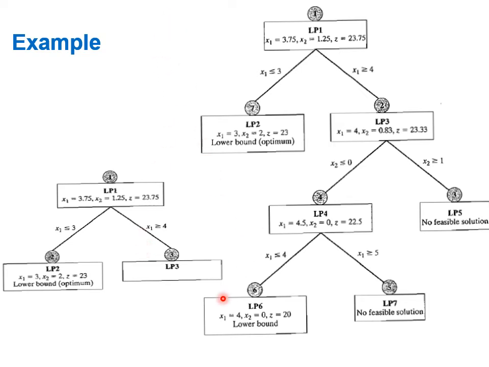But when we solve the same example in a different order, instead of selecting LP2, if we select LP3, as you can see, we now have a much larger branch and bound tree. A large tree means it will take more time to find the optimal solution, but the optimal solution is exactly the same. It is 23.